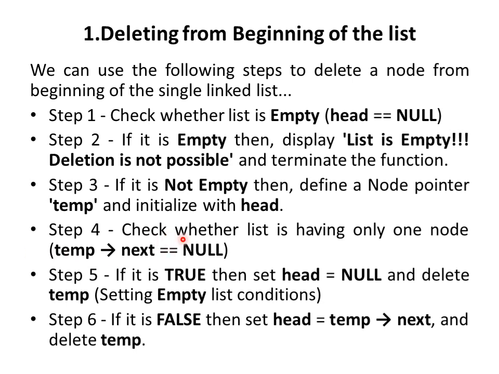Step 4: check whether the list has only one node, that is temp of next equals null. If it is true, then head equals null and delete the temp. That means if it is only one node. Otherwise, if it is false, as I told previously, I initialize head equals temp of next and I will delete the temp.